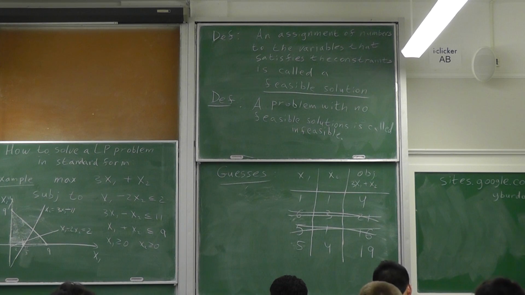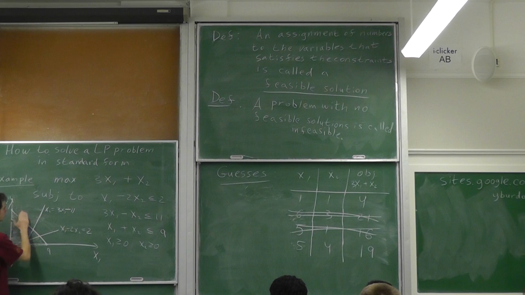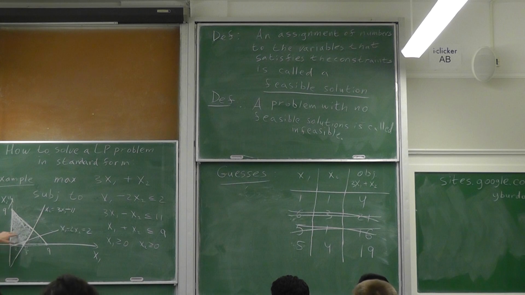And I want the set of points which satisfy all the constraints. So I don't want the points here, here, or here. I want only the points in this kind of polyhedron. It's a pentagon, 5 sides. So I'm talking about all possible pairs of x1, x2 which are in this region.